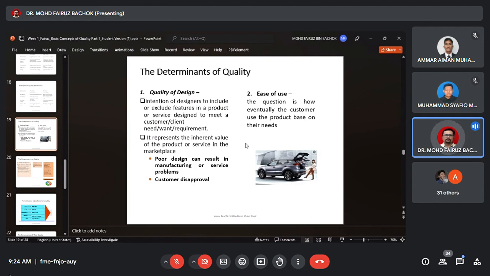We can't keep up fighting for innovation, because all the manufacturers and developers want to create better quality in terms of design and ease of use. Day by day there will be different innovation.